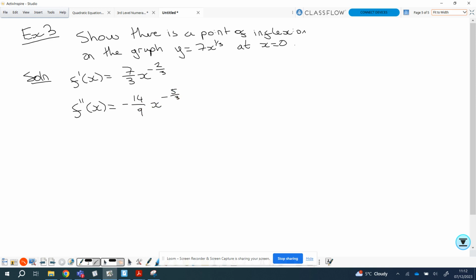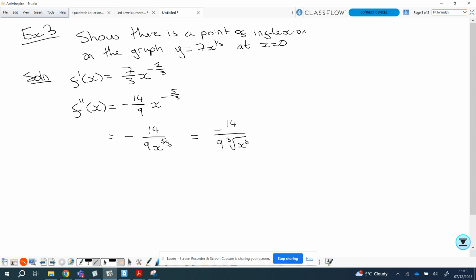Now we're going to have to substitute our values in, so we'll tidy this up. It's going to be negative 14 over 9 x to the power 5 over 3, which would equal negative 14 over 9 times the cube root of x to the power 5. That would be a nicer function to substitute your values into.